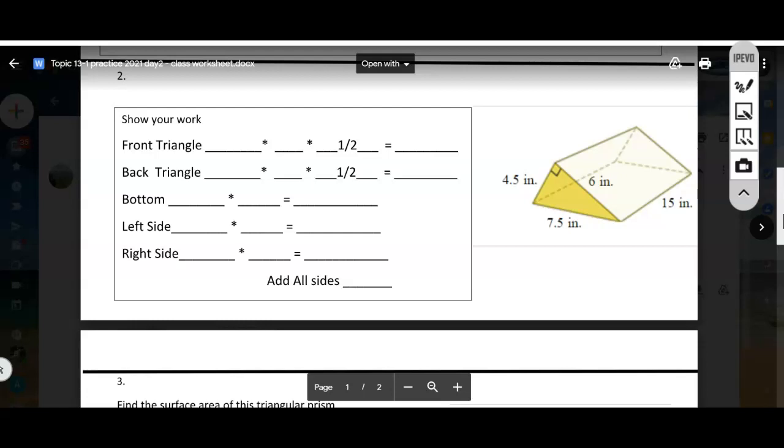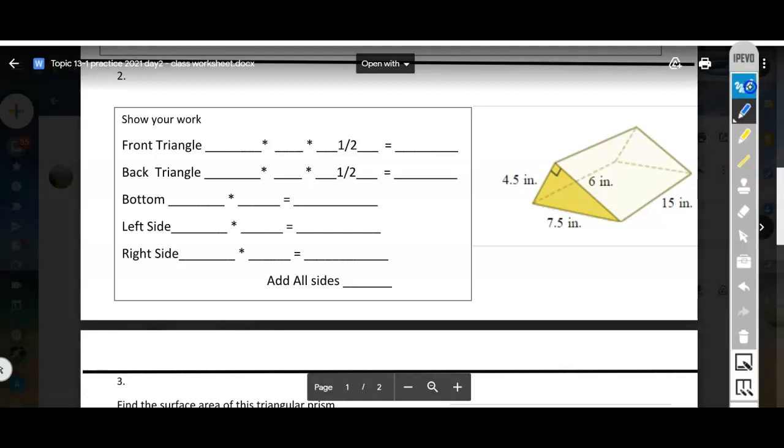So if I say, what is the area of the base? We got to find the area of this triangle. All right, so let's do that. Front triangle, what are we going to do? We already got the half right here. So a half times what? Now you know.